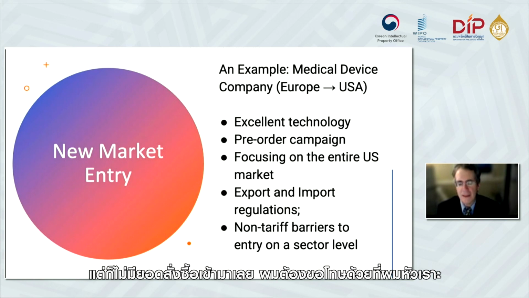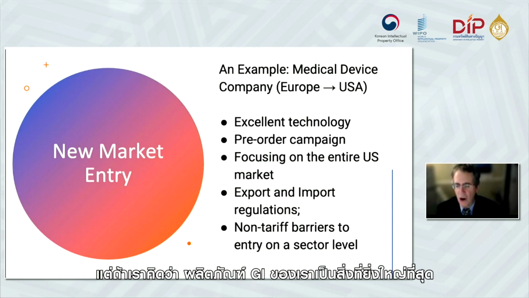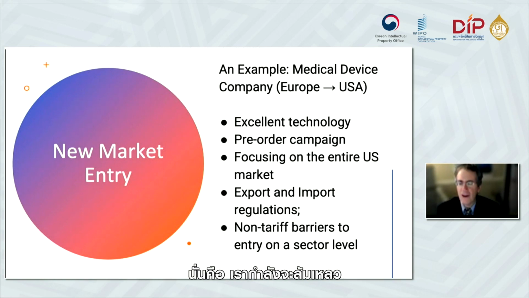Okay. And you know, I apologize for laughing, but look, if we assume that our GI products are the greatest thing since sliced bread, then we're going to fail. And my job is to help you not to fail, to help you navigate those dangerous and treacherous waters that Professor Ganguly talked about, to level the playing field, to make it more likely that you're going to be successful.